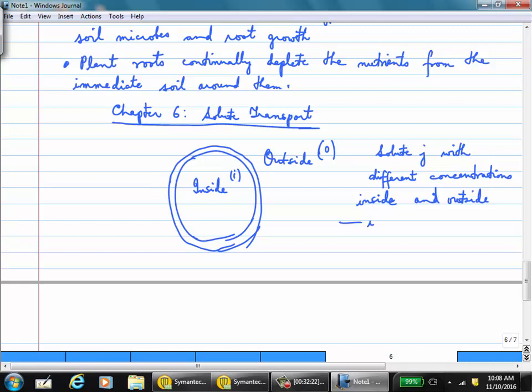And the inside and outside, as I said before, are separated by a membrane.